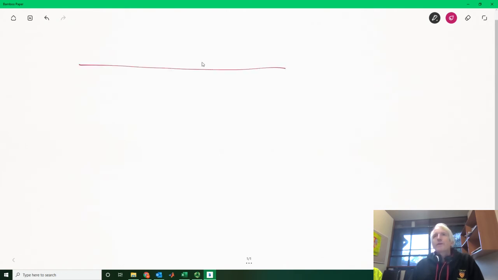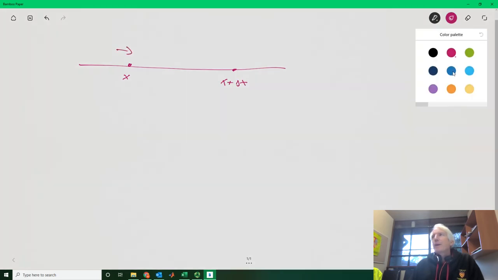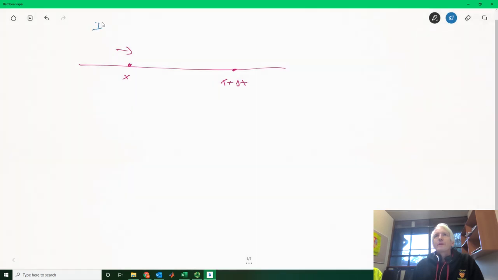So we have a stretch of road here, with a position x and x plus delta x. We have a flow of cars coming in, and the flux in is Q of x.